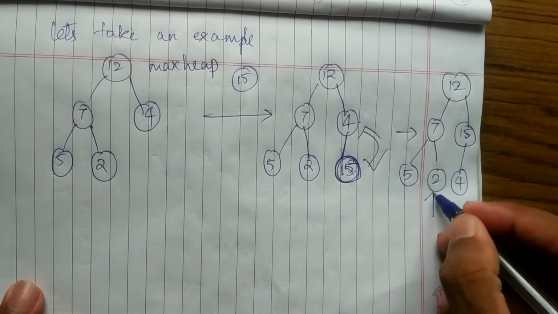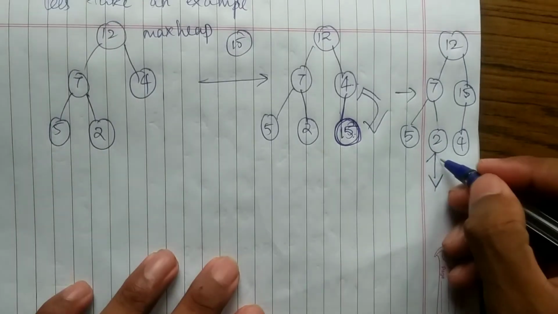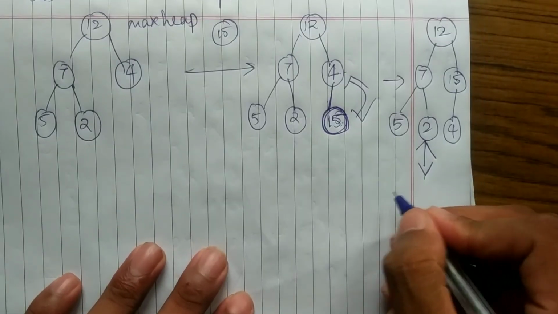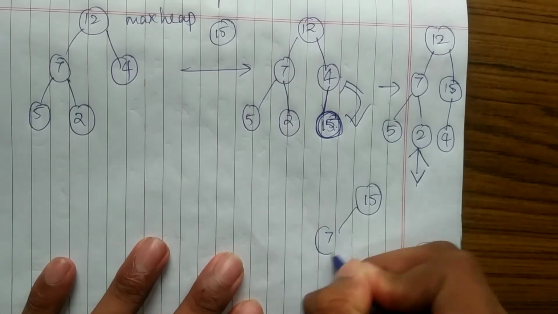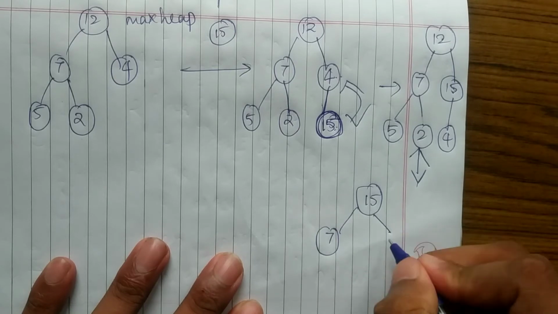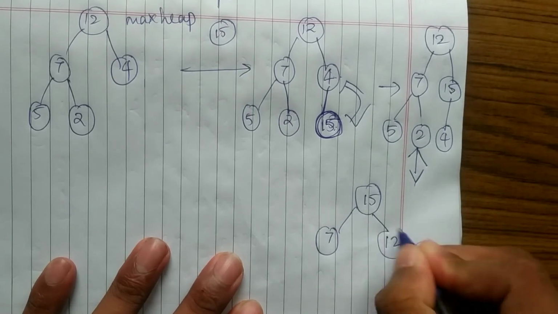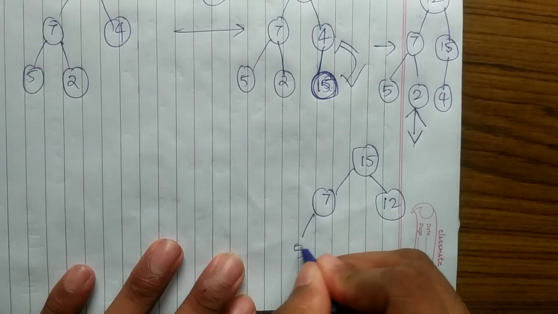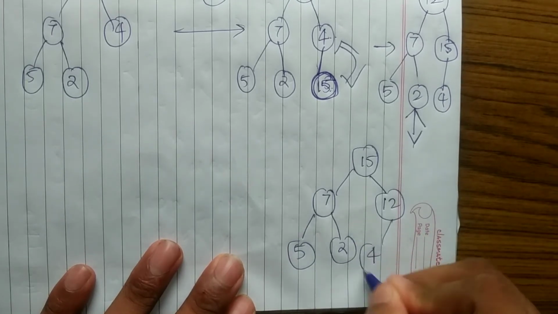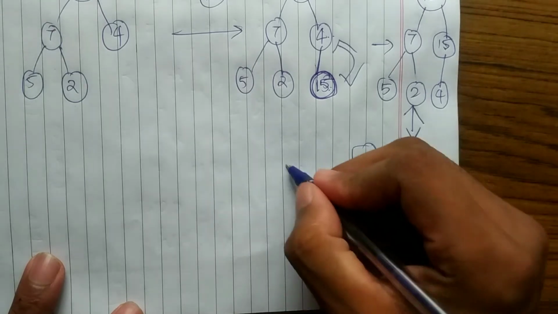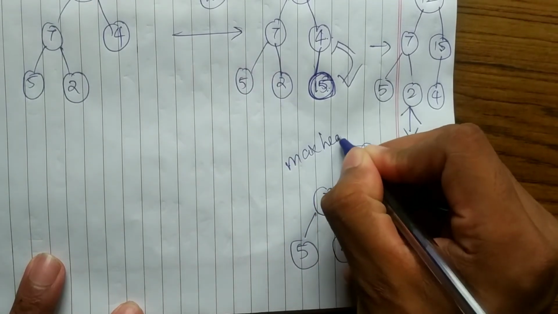So we will again swap it. So this becomes 15, 7, 12, 5, 2 and 4. So now this is a max heap.